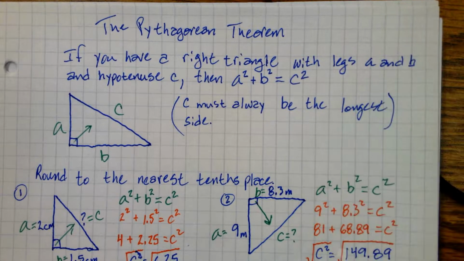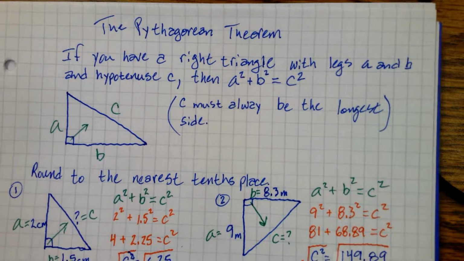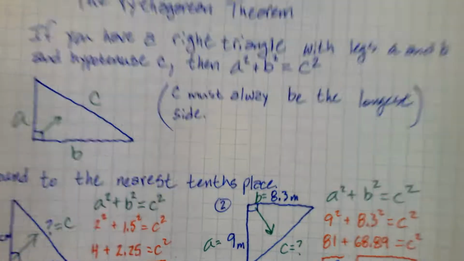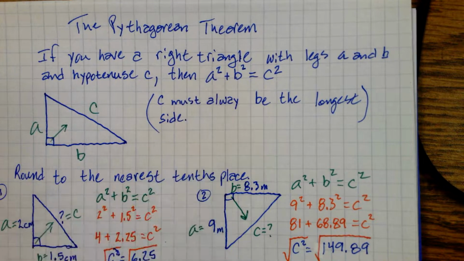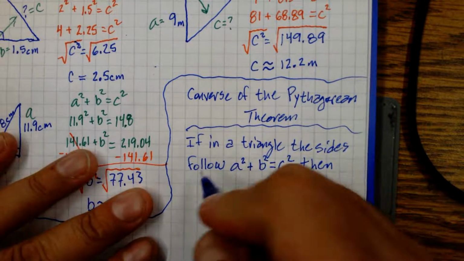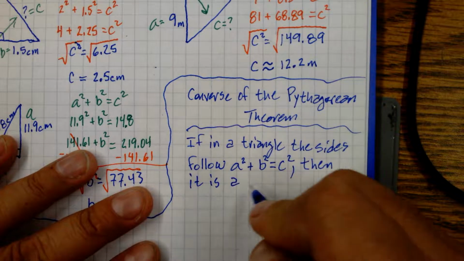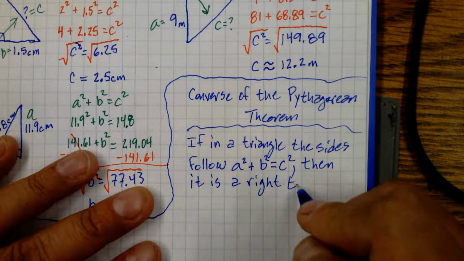This other stuff, legs A and B, I could have named the legs anything, but it turns out that A, B, and C is the most common here in America. But what do we get as a conclusion? Then we have a right triangle. So that's what we have here: then it is a right triangle.